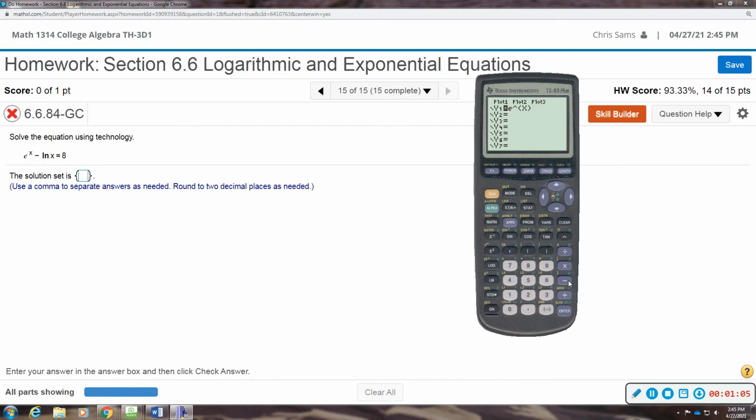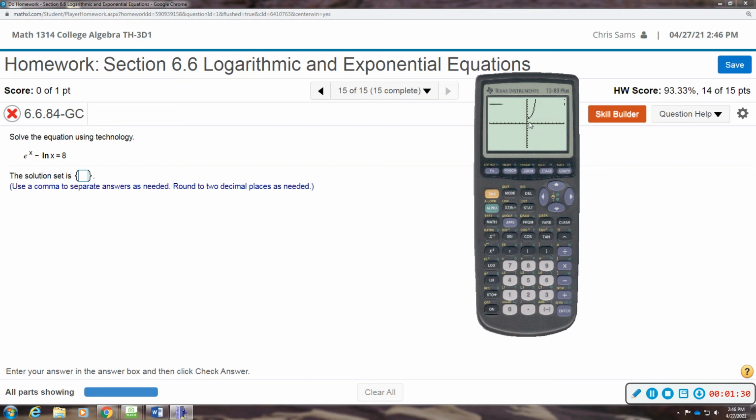So minus, and then the ln button, and then x. Close parentheses. So this is the left side, okay? Now we're going to do 8. Okay, so arrow down to y2, and the second equation is 8. So on the other side of the equal sign, we have this. All right, now let's graph.